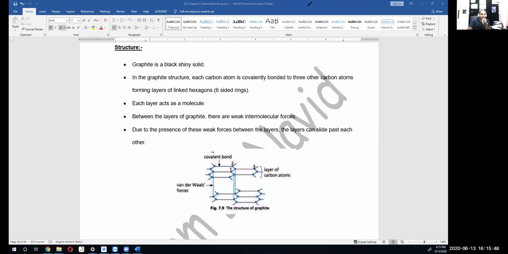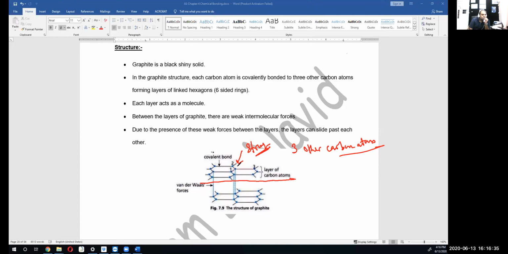So if you think about a single layer, it is strong. Why are they strong? Because each carbon atom is covalently bonded to 3 other carbon atoms. What is happening to the 4th one?